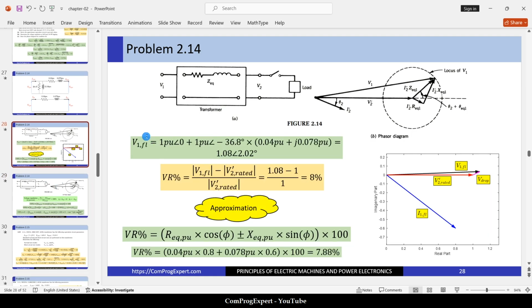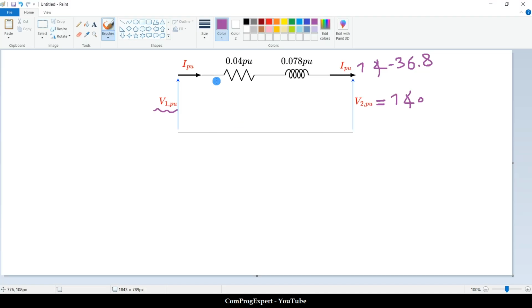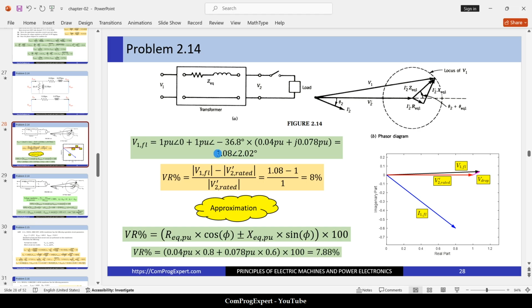Yes, V1 for the full load operation is the V2, that is 1 per unit with this angle, plus the current times the impedance of this right branch. So this is the value of the V1 for the full load.